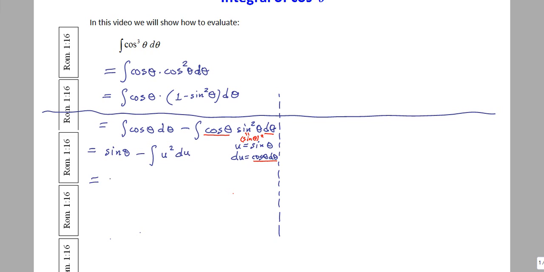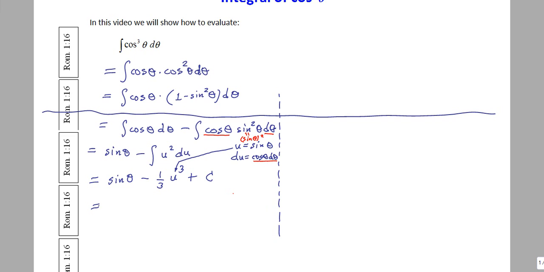You can see that the result is going to be very simple. The integral of u squared du is a third of u cubed, plus we pick up a constant of integration. Then we substitute back for u in terms of theta.